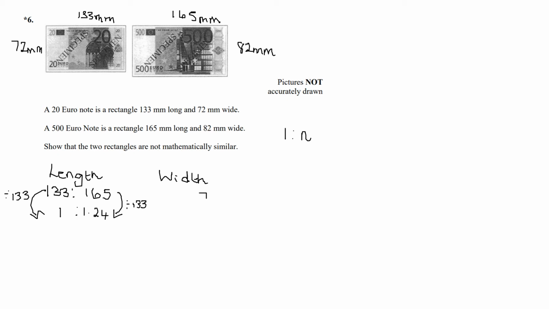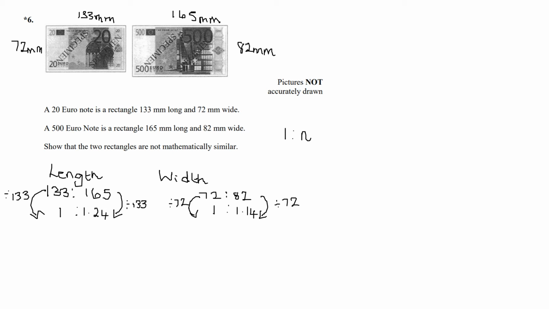So I've got 72 for the €20 note, and I've got 82 for the 500. And again, I'm going to go into the ratio 1 to n. So I'm going to divide both sides by 72. So 72 divided by 72 gives me my 1. 82 divided by 72 will give me 1.14.